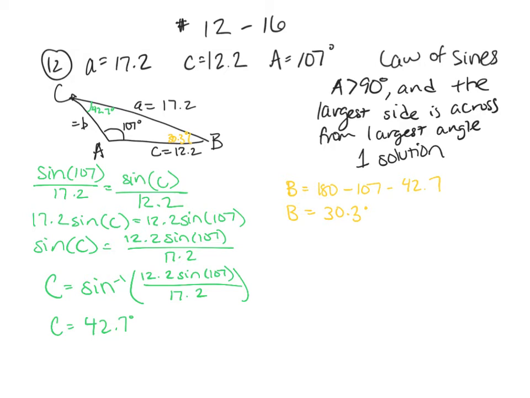Last step, let's solve for side length B. So I'm going to use the same setup that I had before, sine of 107 divided by 17.2, and I'm going to set that equal to sine of 30.3 over B. So let's cross multiply.